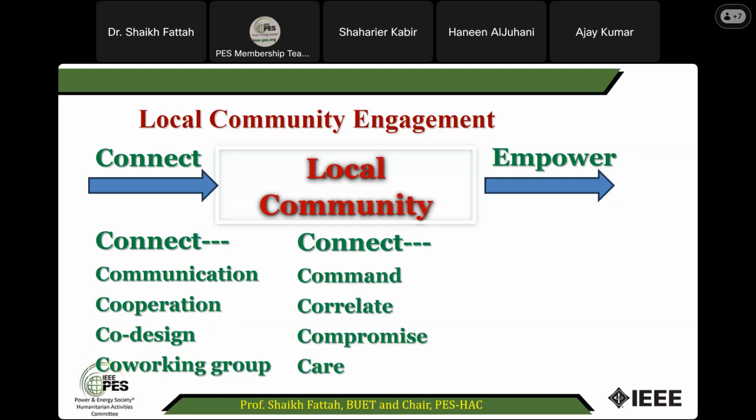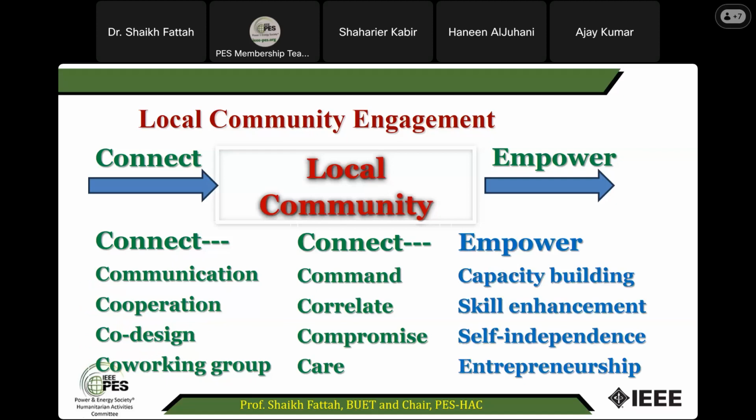And you can also use other words, for example, you can correlate what they are doing. You can compromise. What you thought would be very useful for the community, when you really went to the community, you may have found that you have to make some compromise.